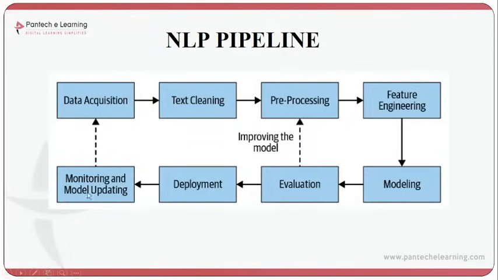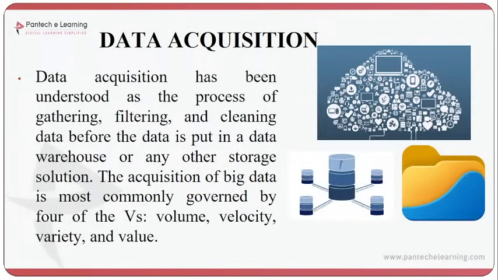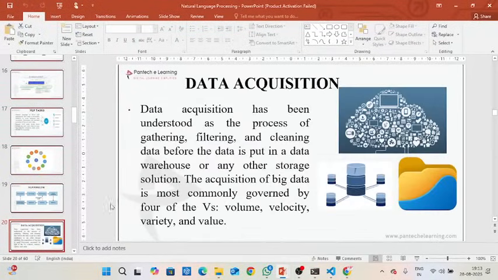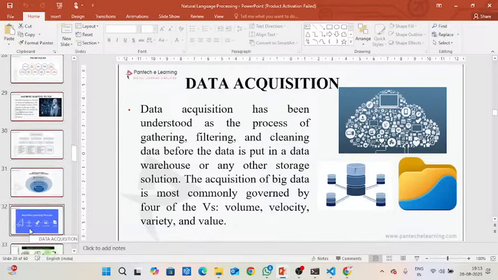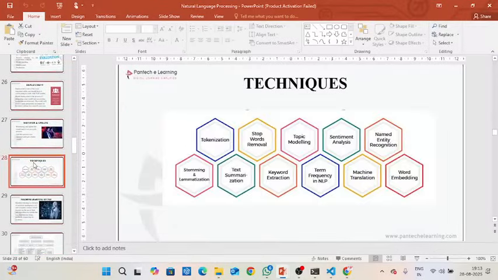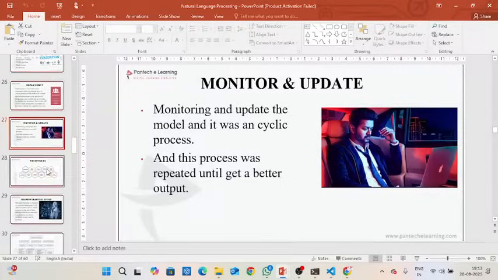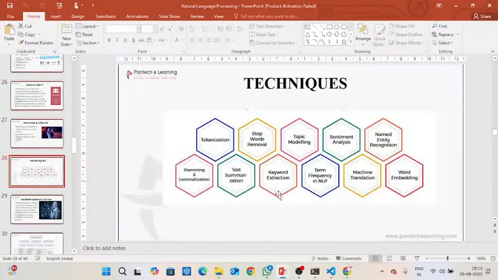After that, model updating, and this process is like a cycle until we get a good accuracy. Okay, these are all some techniques that happen inside NLP. We directly move on to the NLP process as a hands-on.